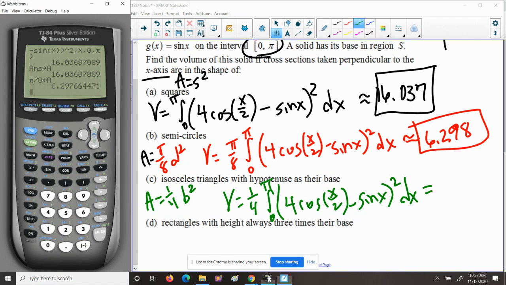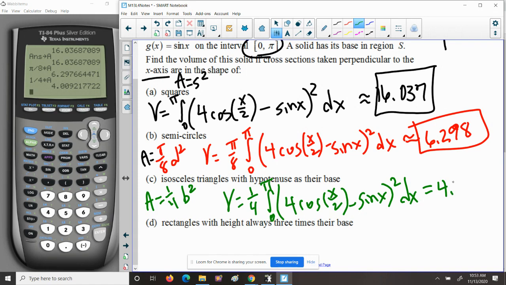So I'm going to take 1/4 and multiply by that value that we got for our integral. And that gives us 4.009 for the volume when we have isosceles right triangles with hypotenuse as the base.